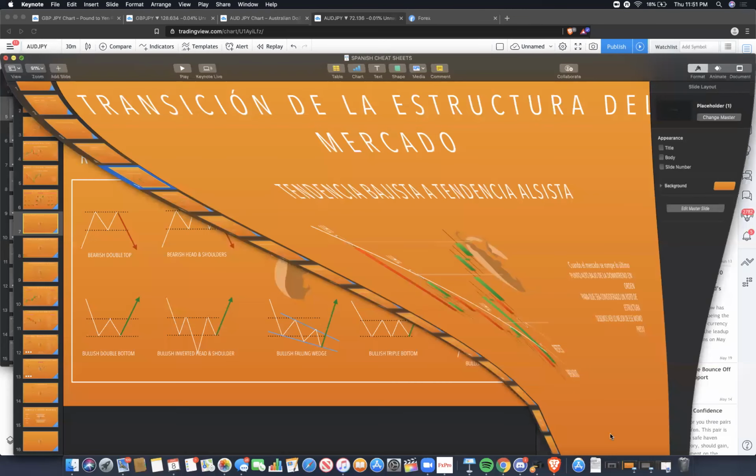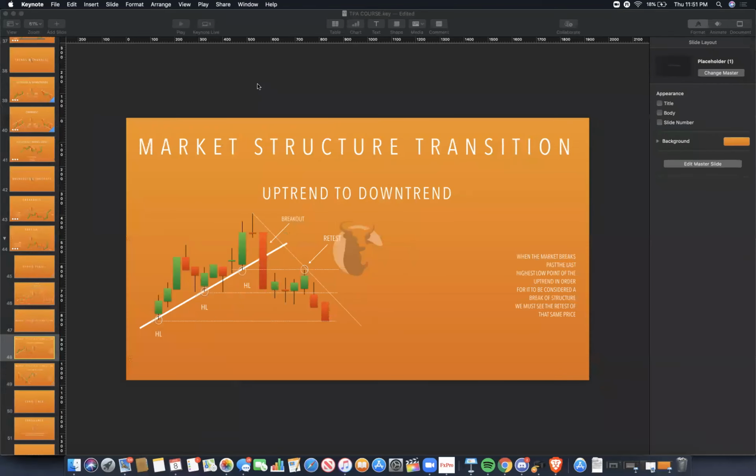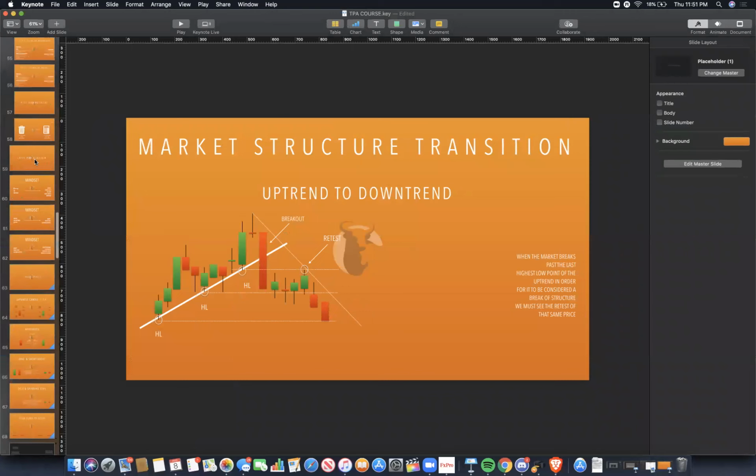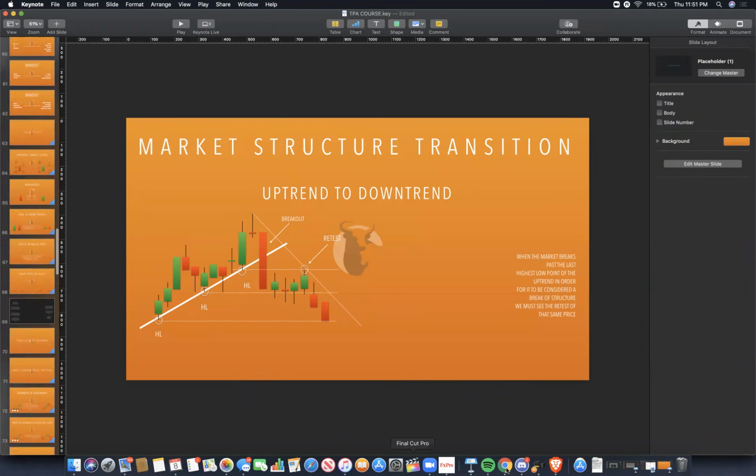Everybody here understands market structure, right? Let me know if you understand the concept of market structure well. We spoke about how the market shifts from an uptrend to a downtrend, and how a downtrend shifts to an uptrend, right?